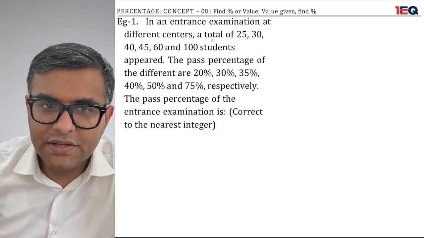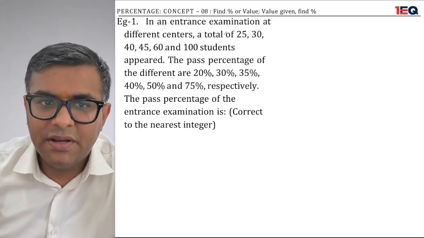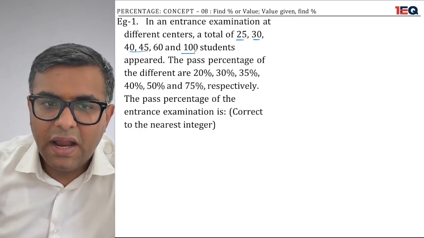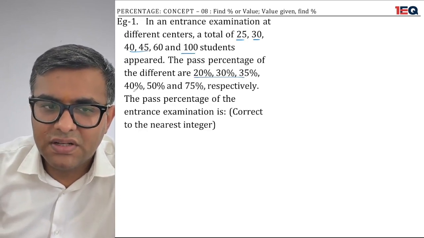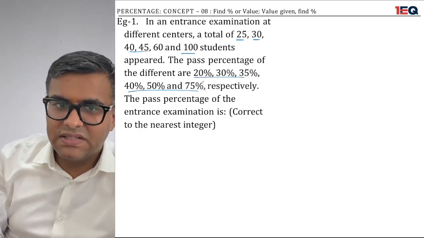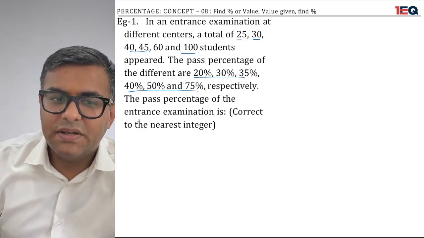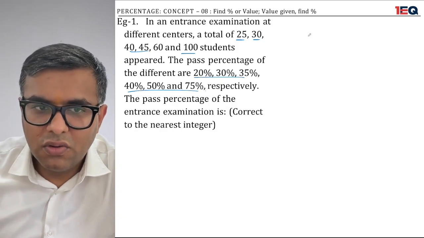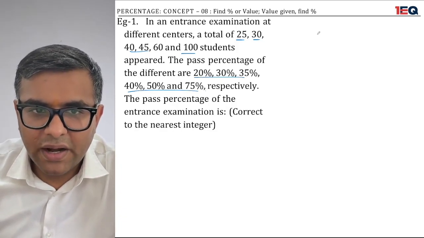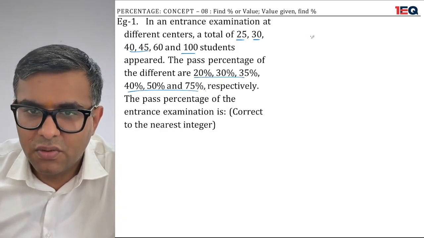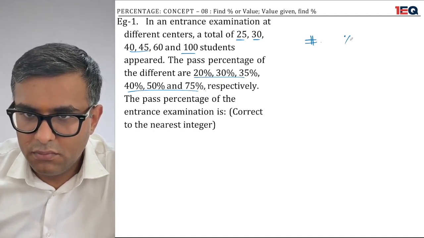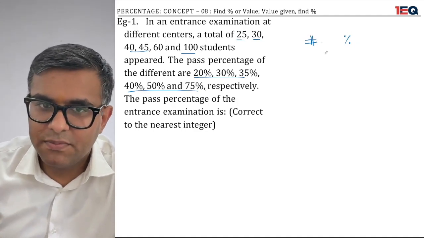In an entrance examination at different centers, this is the total number of students who appeared, and this is the pass percentage of different sets of students. What is the pass percentage of the entire entrance examination? At one place I'm going to write the number of students, this hash means number, and the percentage means the passing percentage.